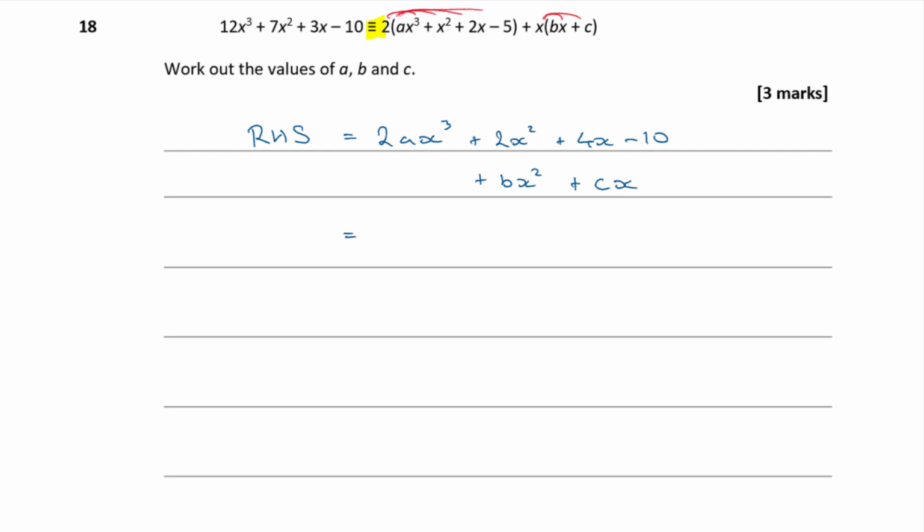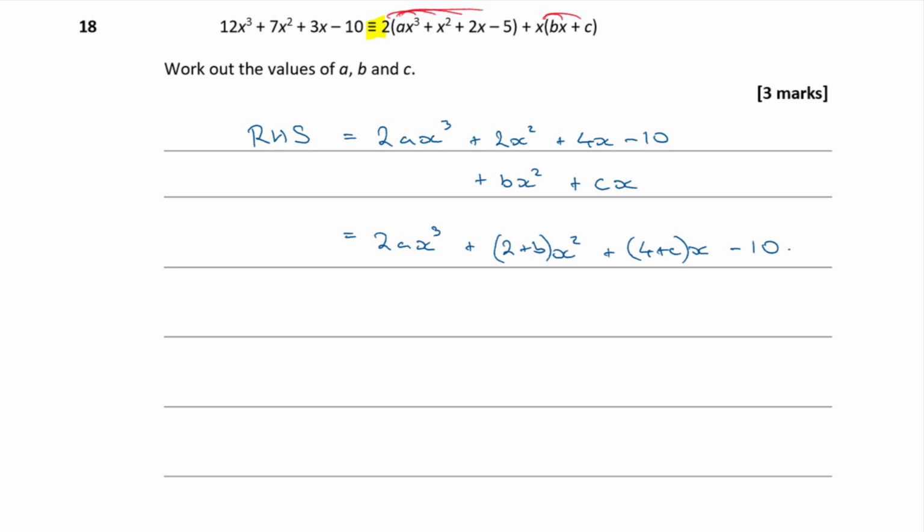Okay, so that gives me 2ax cubed plus (2 plus b), collecting those together, lots of x squared, plus (4 plus c) lots of x, minus 10. Now once I've got it like that, you can see I've got it in a similar form as the other side.